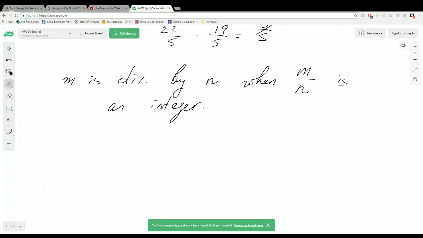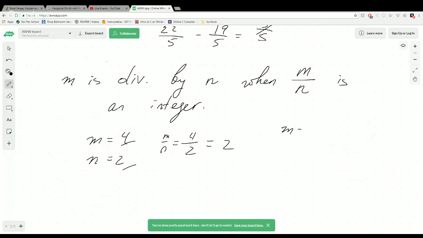As an example, if I set m equal to 4 and n equal to 2, then let's look at 4 over 2. This is my quotient, right? m over n is 4 over 2. Is this an integer? Yes, it's 2. So we say 4 is divisible by 2.